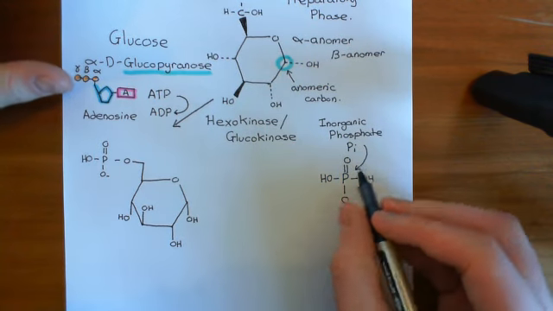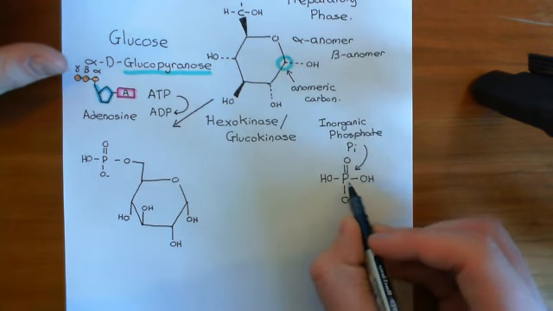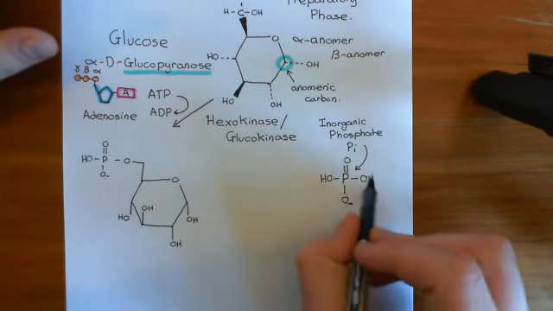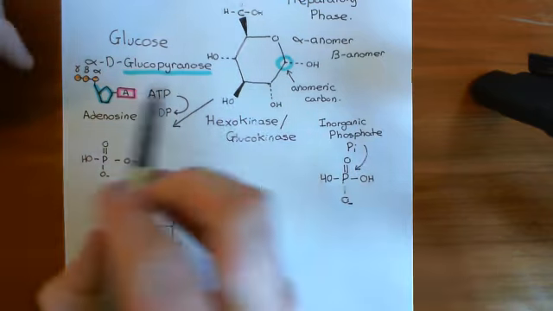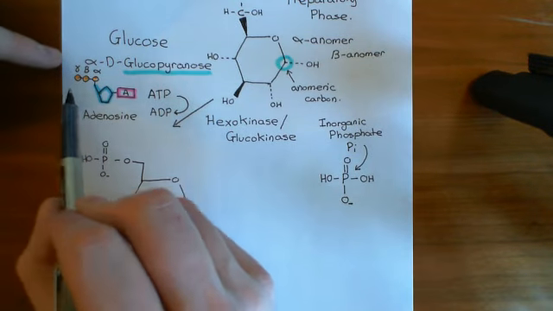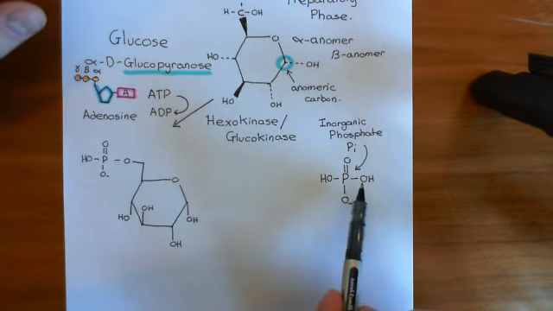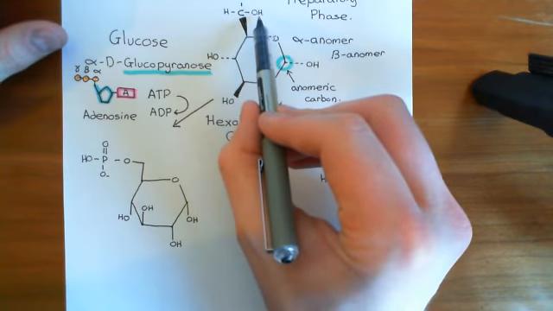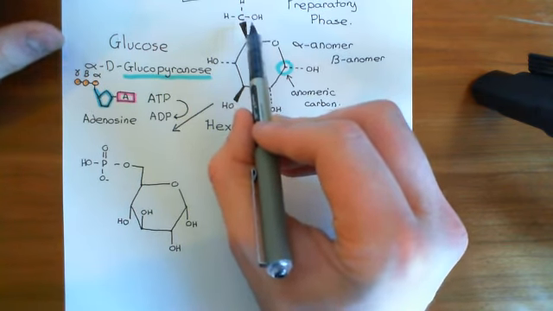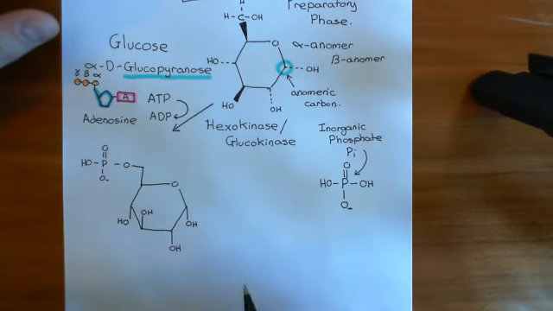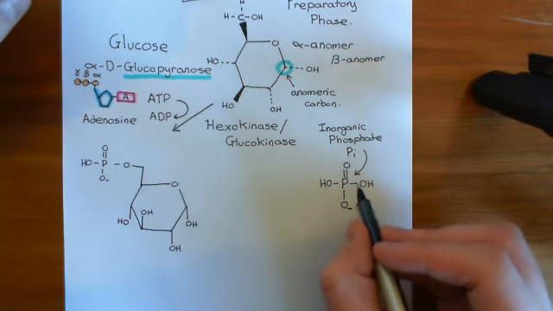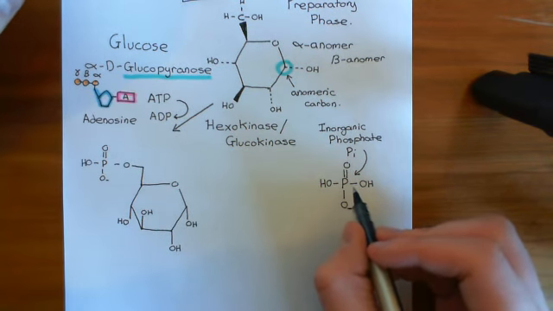Now, basically, what we have done is we have linked a phosphate group onto this alcohol group. Yes, we didn't get it from an inorganic phosphate, we got it from an ATP molecule, but effectively what we have done is we've taken a phosphate group and linked it onto the alcohol group of the 6th carbon of a glucose molecule. Okay, and the logic behind this reaction is basically it's very similar to an ester link.